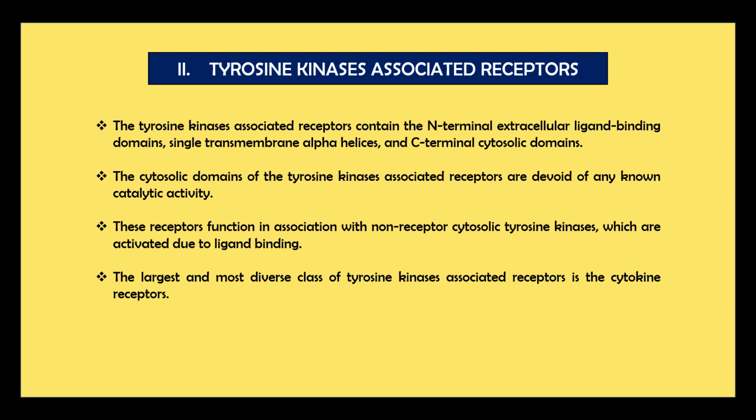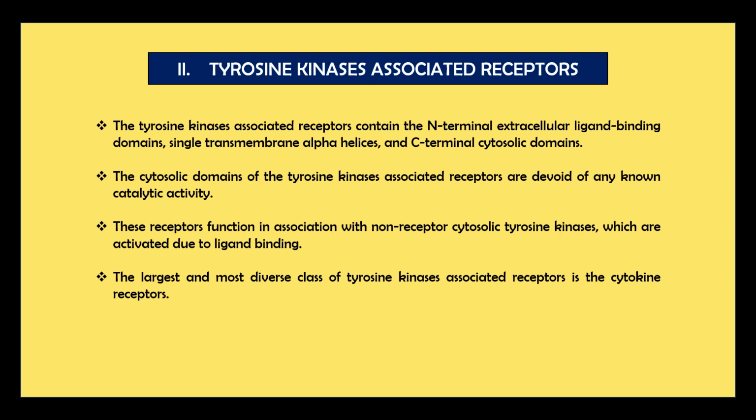But the only difference from RTKs, that is receptor tyrosine kinases, is that the cytosolic domain of tyrosine kinase associated receptors is devoid of any known catalytic activity. Instead, these receptors function in association with non-receptor cytosolic tyrosine kinases, which are activated as a result of ligand binding.